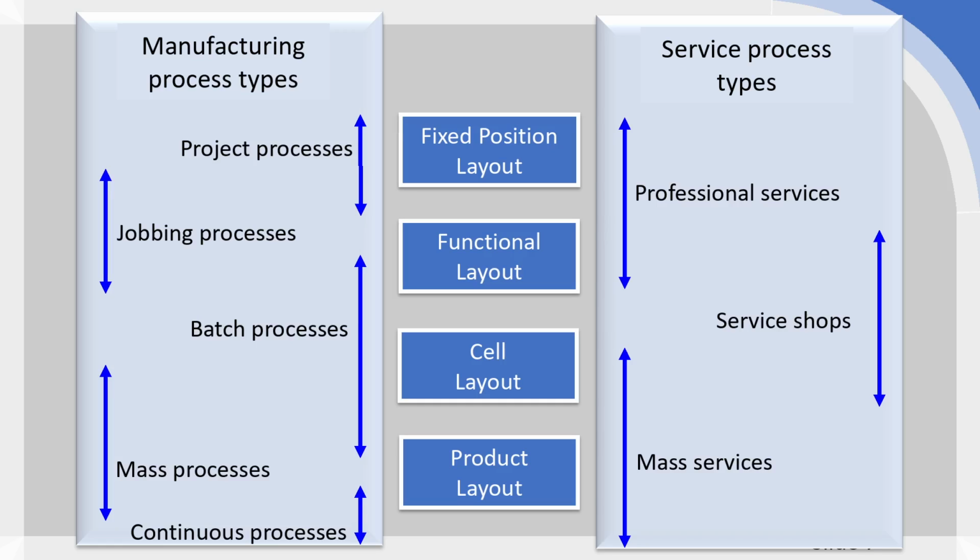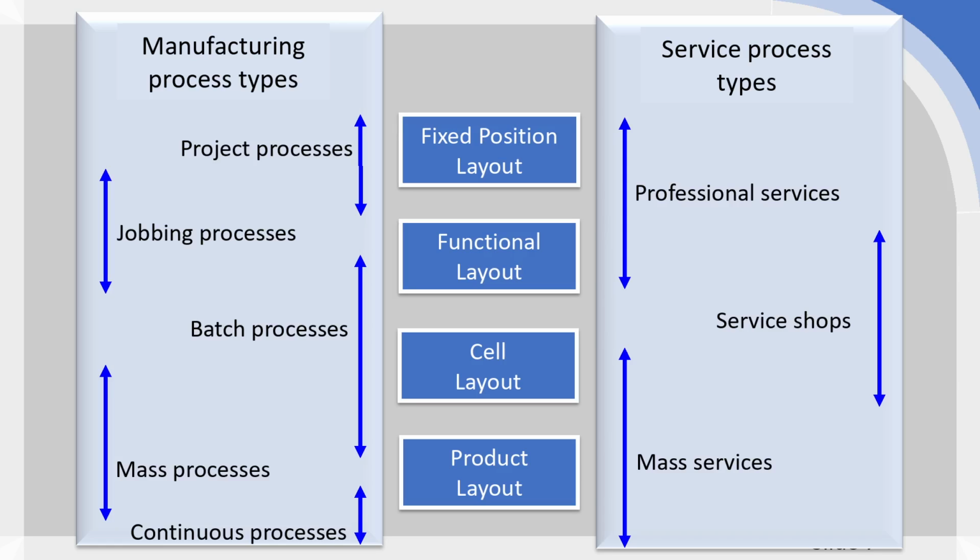So we have to design our layout in the context of the broader operation, in the context of the capacity of our operation, of the volume, the variety of what we're producing, as well as considering our overall operations management priorities. So what are we optimizing for? What are our performance objectives when it comes to our operation? And that's going to have a big impact on this as well.